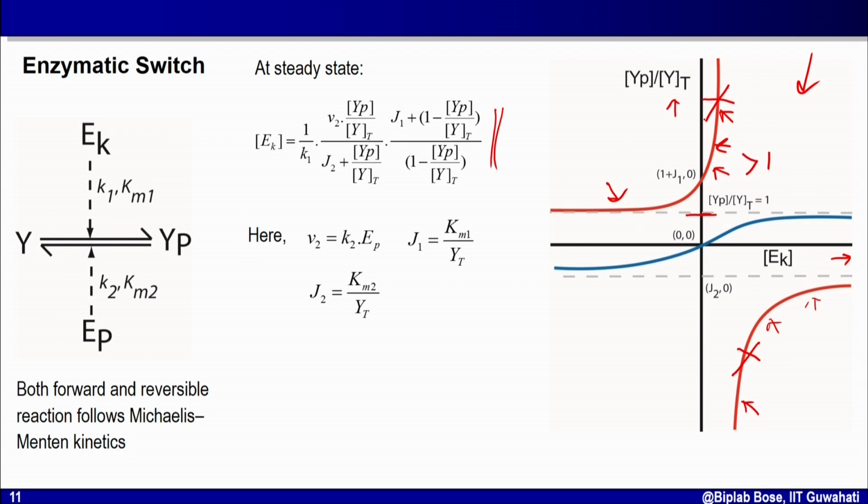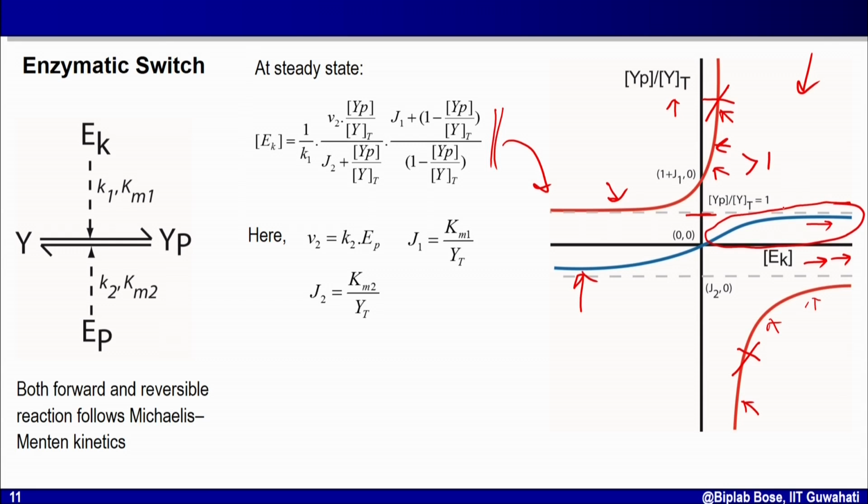What am I left with? I am left with this blue line, which is also coming from this relationship. If you look into this positive domain, Ek is increasing in this direction. Yp by Yt is also increasing, but it moves like an S and saturates at Yp by Yt equal to 1. And that is true, Yp by Yt should never be greater than 1. So this is the region of my interest.